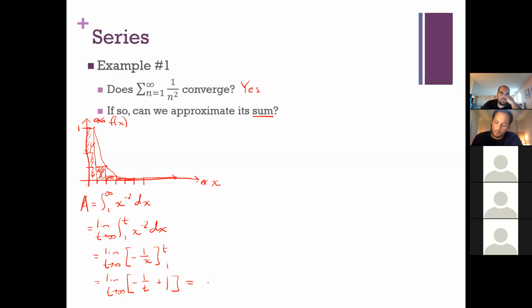So this limit is equal to 1. So I got that this area is equal to 1. Does that mean that the sum of this series is equal to 1?